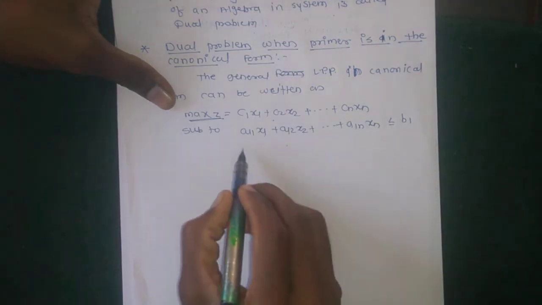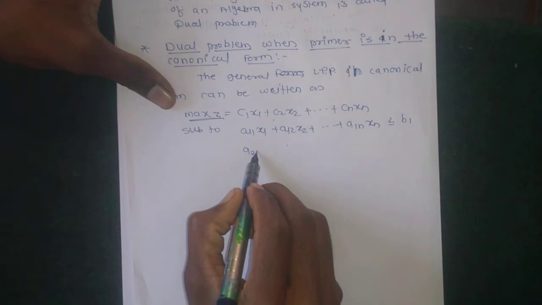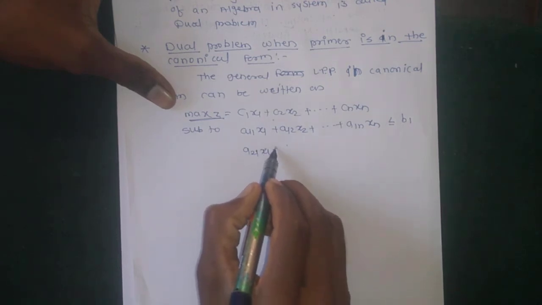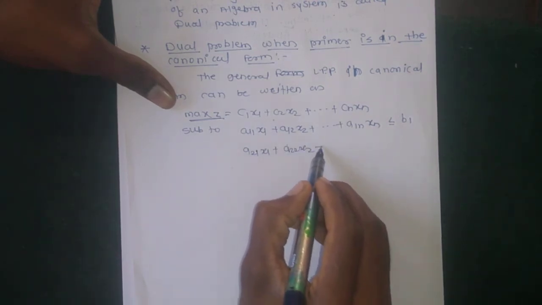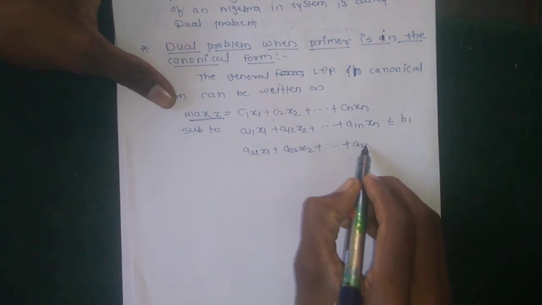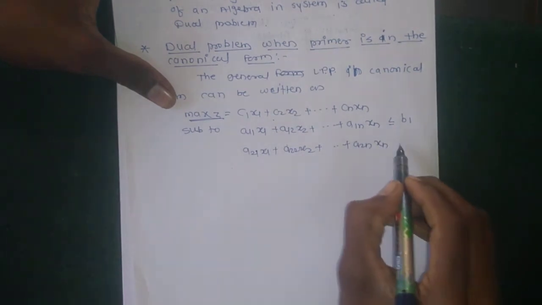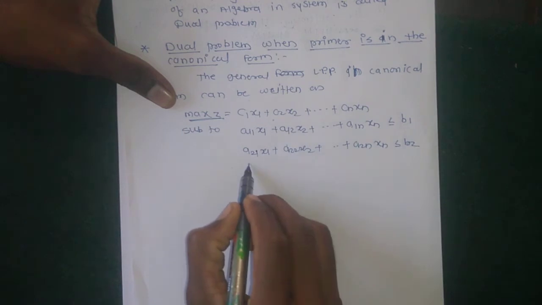The next constraint is a21 x1 plus a22 x2 plus so on a2n xn less than or equal to b2.